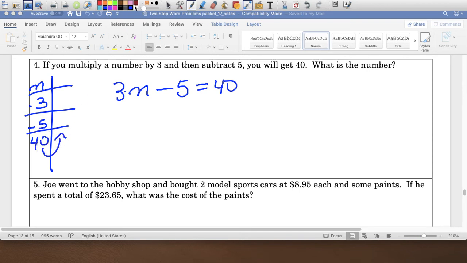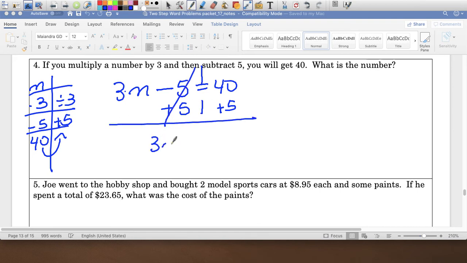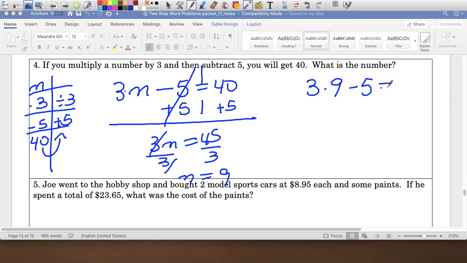Going backwards, I'm going to do plus 5 and then divide by 3. So plus 5 on both sides. Here's my line, sorry. That goes away. 3n equals 45. Now I'm told to divide both sides by 3. And n equals 9. Check.